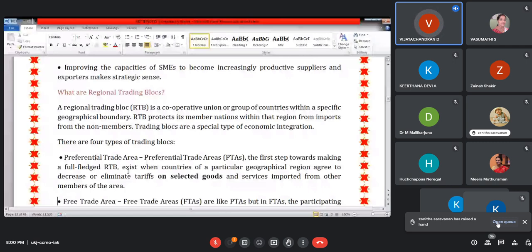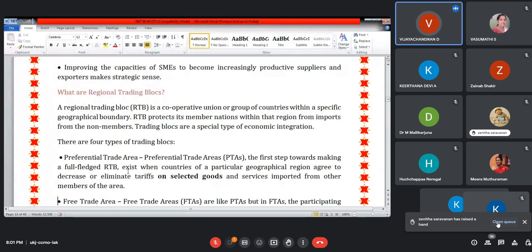They will trade only with their member countries, those coming under the trading block. If any non-member country is coming for trade, they will charge heavy tariff or put some restriction. So again, I'm telling, trading blocks is very, very important.